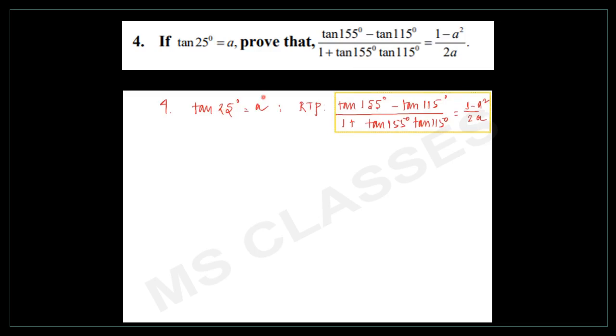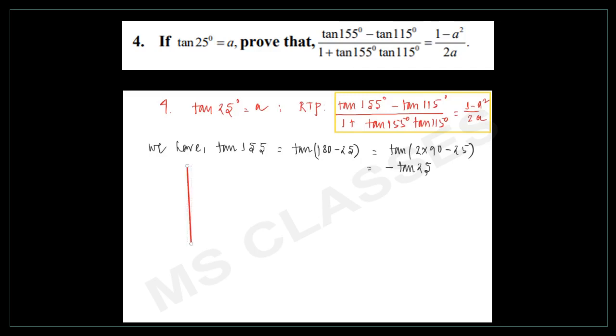Now we have tan 155. Tan 155, what can we write? Tan of 180 minus 25, that is tan of 2 into 90 minus 25. 2 into 90 means it will be tan only, so tan 25, but with a minus sign. Why a minus sign here suddenly?